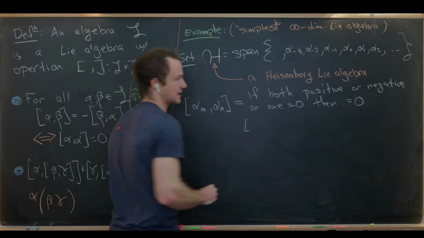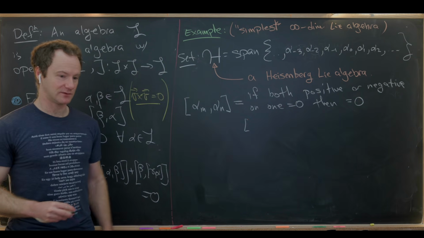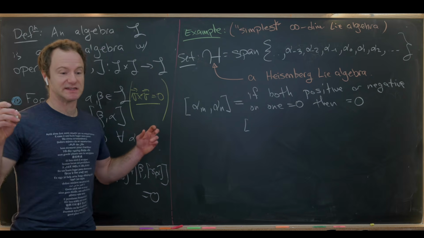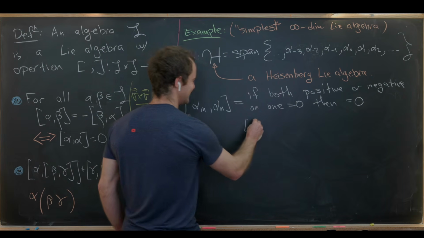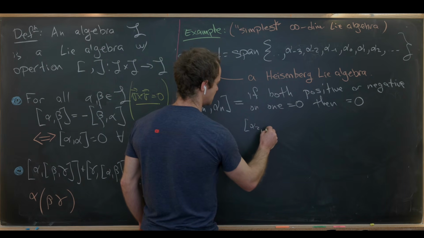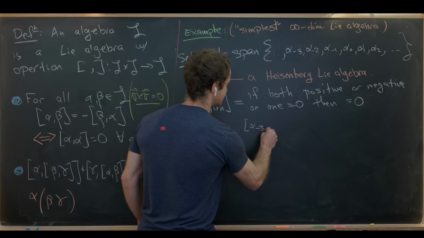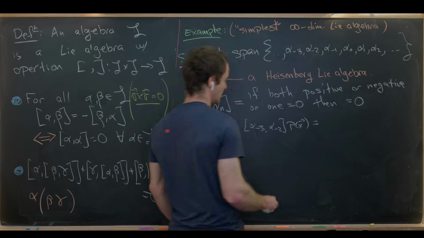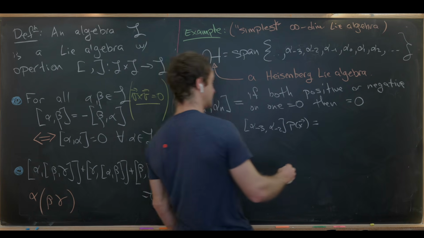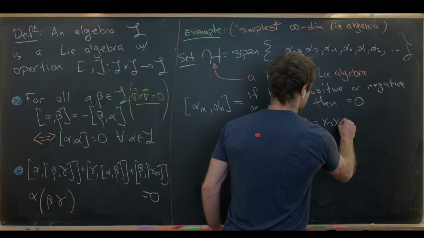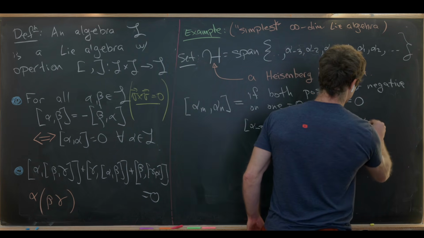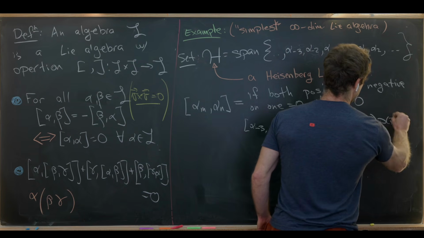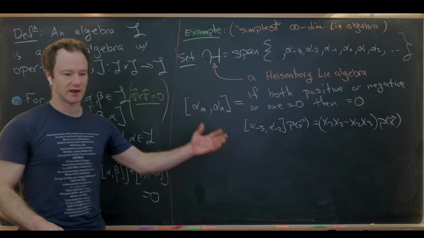We could do it by an example. Say alpha 2, alpha minus 3, alpha minus 2 on p of x. Well, that's going to be the same thing as doing x3, x2 minus x2, x3 on p of x, right?